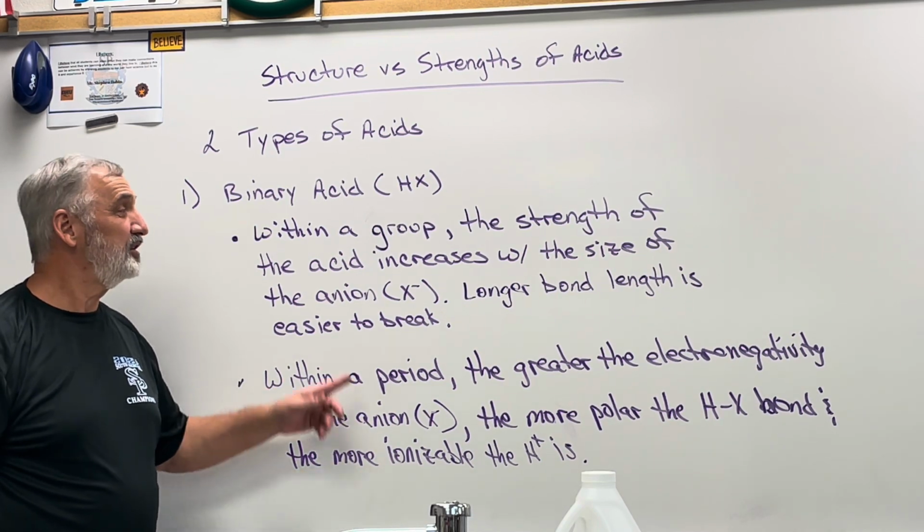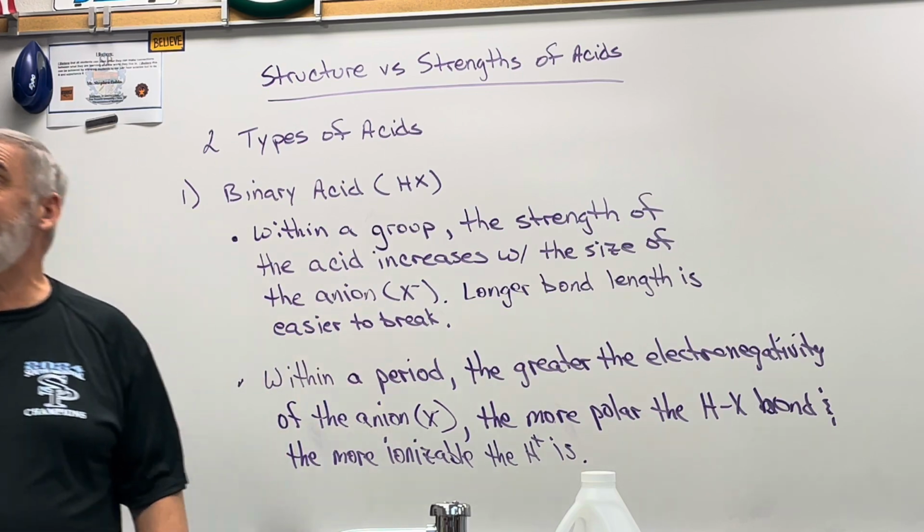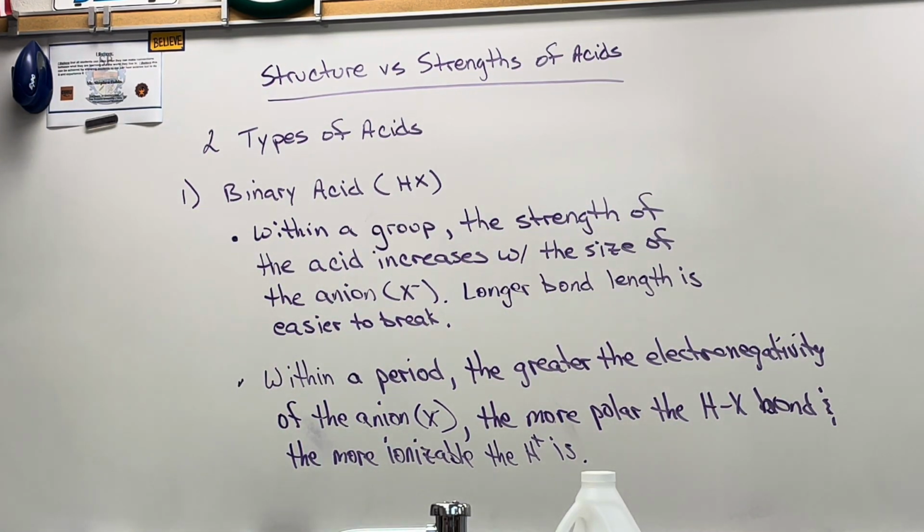Okay, so listen. As we go down, HI is the strongest, then HBr, HCl, and HF is actually classified as a weak acid. Even though fluorine is most electronegative, the bond length is so short that it's too strong to ionize to a significant amount. On the chart, the Ka is 3.5 times 10 to the minus fourth.